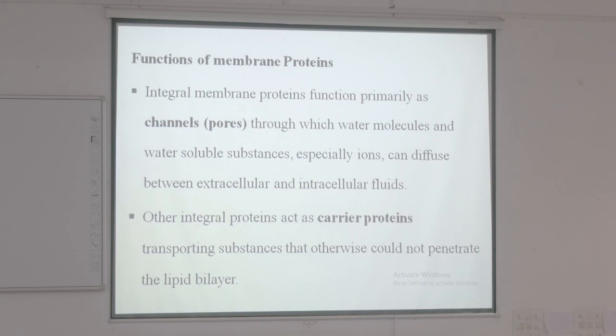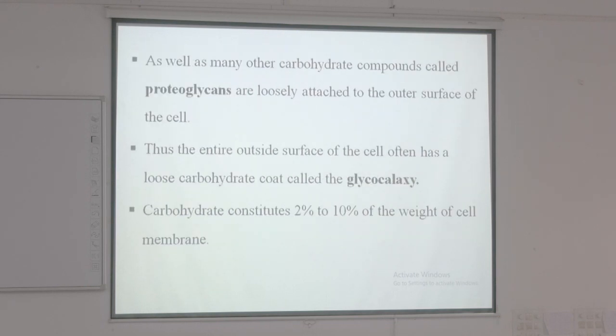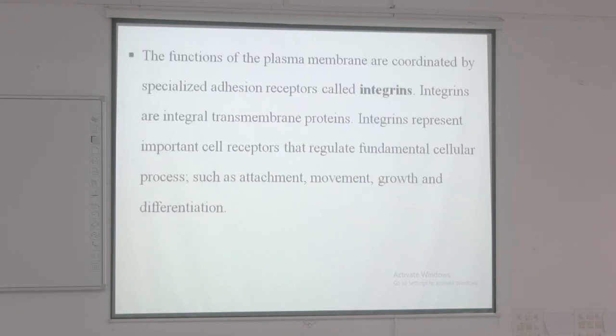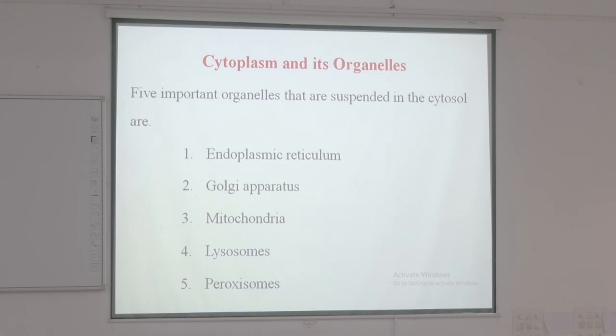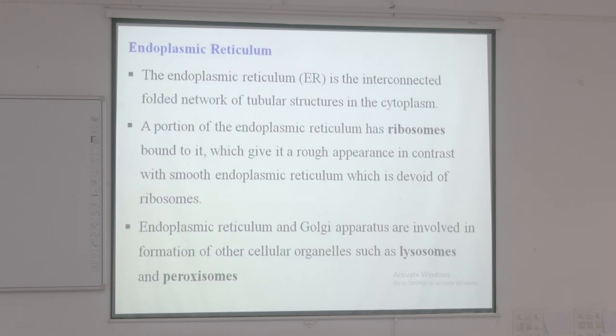Different membrane proteins are present. I can skip this because we already discussed all of this about the membrane. In the cytoplasm we discussed one by one all the important cell organelles. Endoplasmic reticulum is very important because it can release specific proteins important for the transportation of lipids, like HDL and LDL.